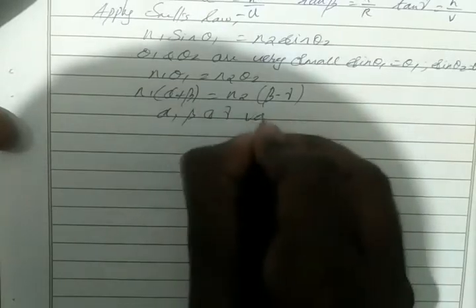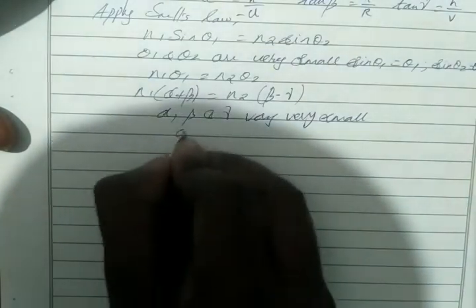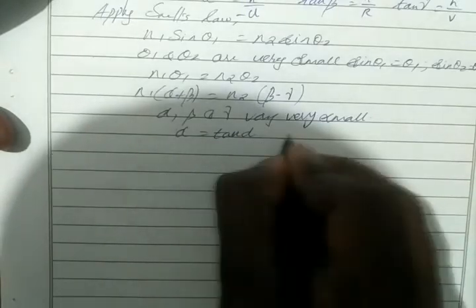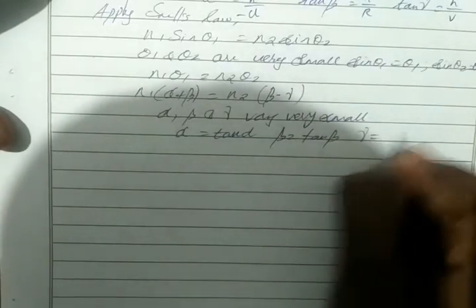Here the angles alpha, beta and gamma are very, very small. So instead of alpha, we take tan alpha, for beta we take tan beta, and for gamma we take tan gamma.